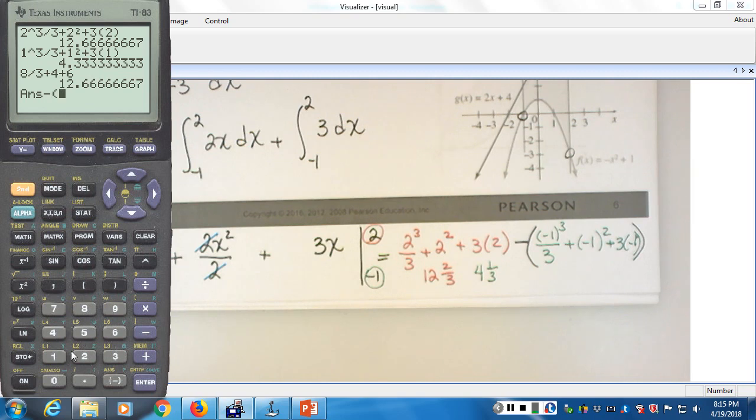Now I have to remember how we put these in because I haven't done this in a long time. Oh, 1/3, yes. My bad. And that's 25 over 3.